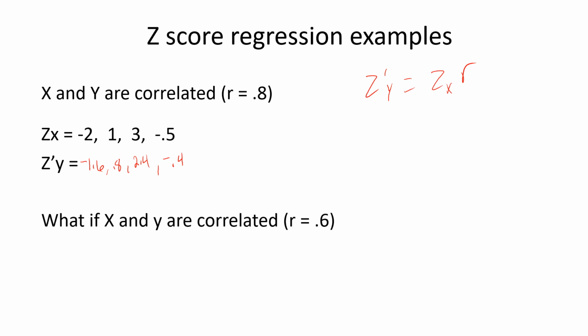How about instead if we had an R of 0.6? Well, -2 times 0.6 is -1.2. Then we've got 0.6 and 1.8. These have zeros in front of them. Same with this. So 1.8 and negative 0.3.